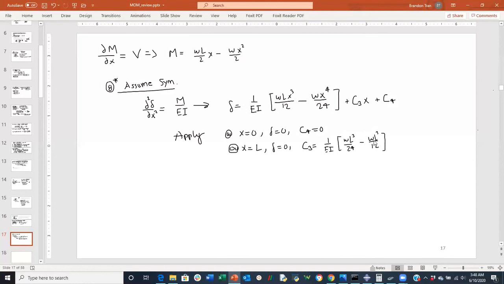So this is simply WL cubed over 12, but I guess you can do that later, in the derivation. So yeah, that is essentially your third coefficient that you need to solve. So apply that back in the deflection equation, and your overall deflection equation becomes as follows.